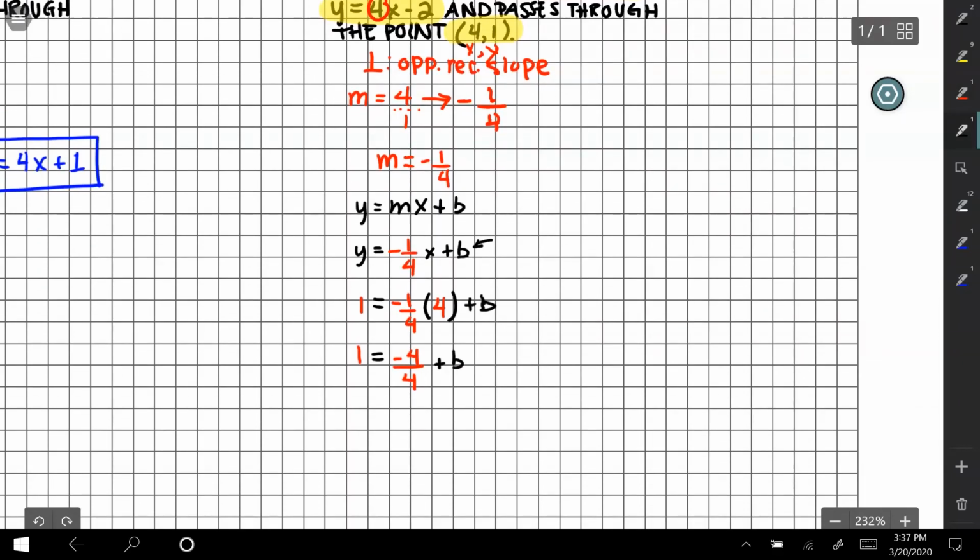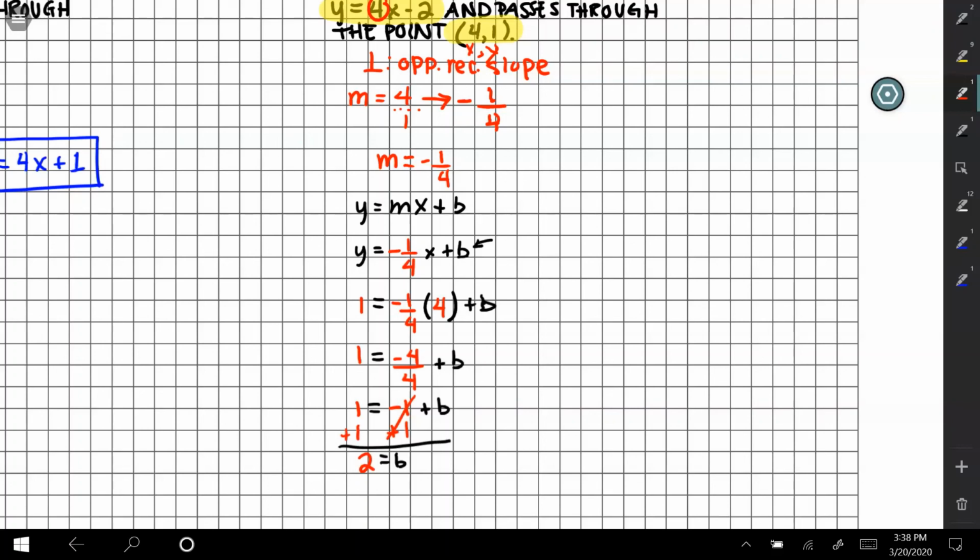So negative 4 divided by 4, still have 1 equals, negative 4 divided by 4 is negative 1, plus b. And now I want to solve for b, so I have to get rid of that negative 1. To get rid of a negative, I'm going to add 1 and add 1. That's going to cancel. So I have 1 plus 1 is 2, and 2 equals b.